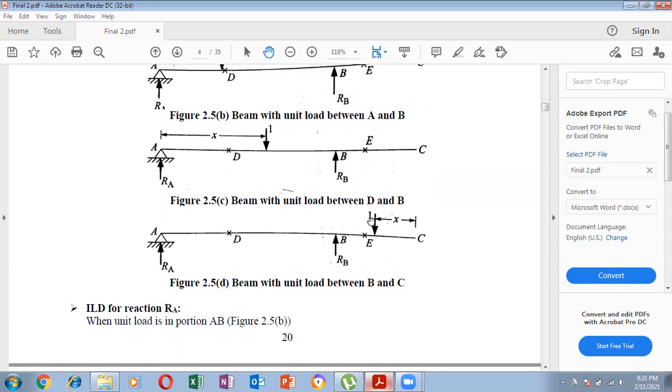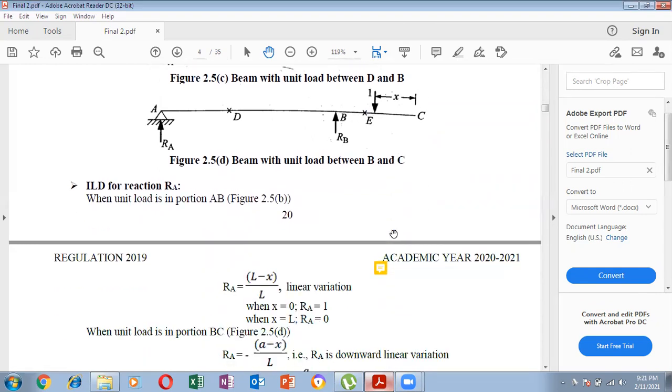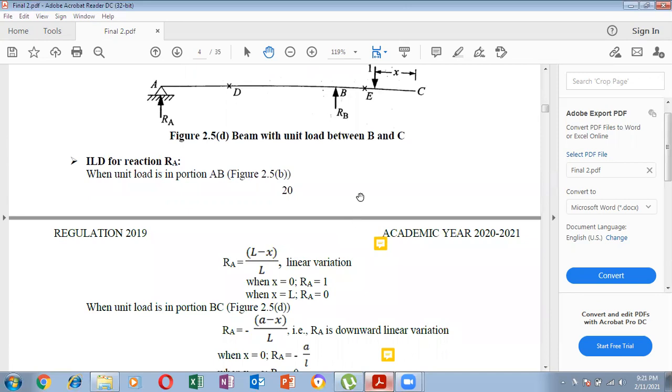From the overhanging end to the unit load where it is applied, the distance is taken as X. Now taking moment about B, here we introduce a term A, which is nothing but the overhanging length. So let A be the overhanging length and X is given here.